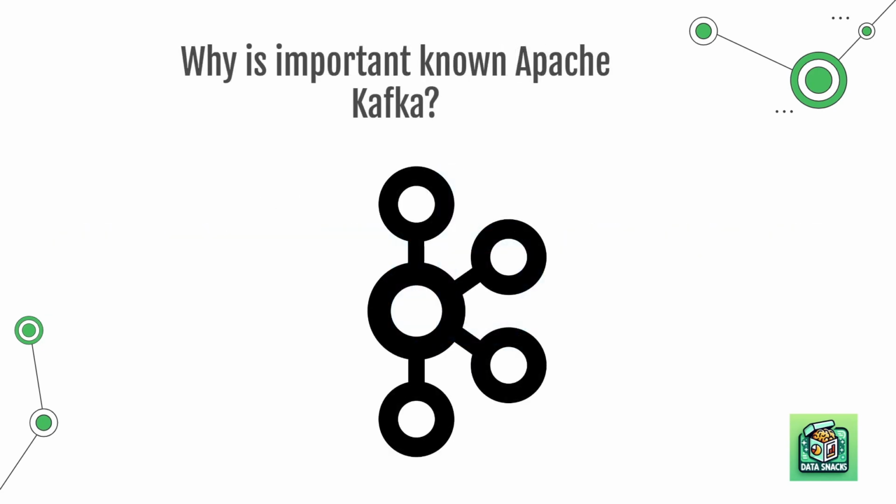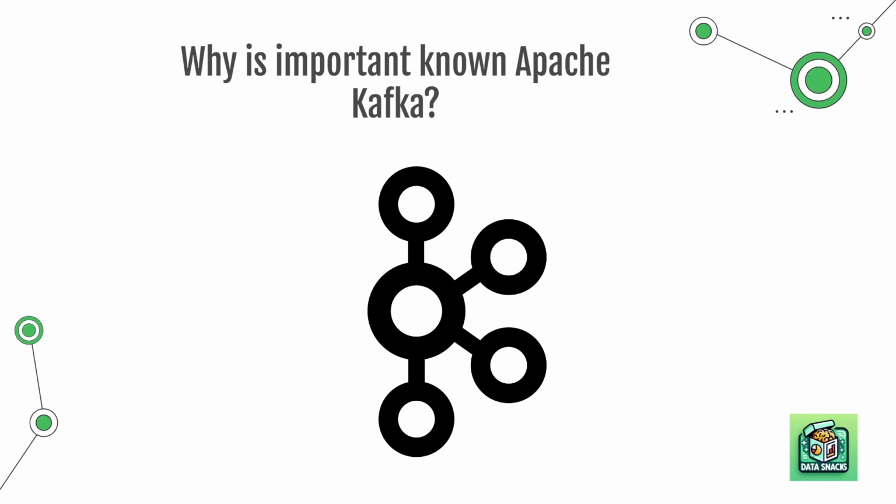But why is it important to know Apache Kafka? Well, real-time processing is one of the methods of processing data at a near-instant rate that we want to explore in this series of videos. The idea is quite simple: taking information from a public API using Kafka, and seeing it in a visual way.